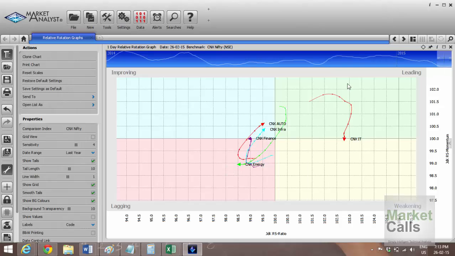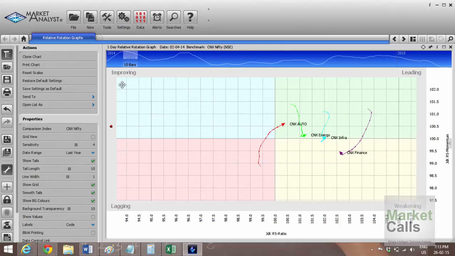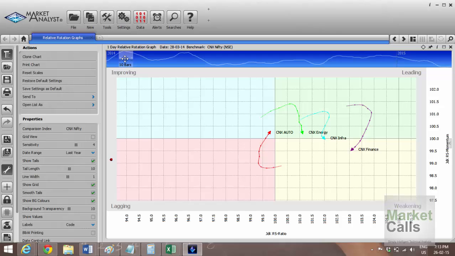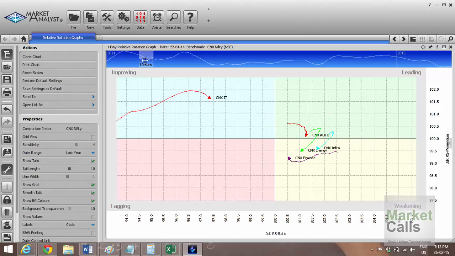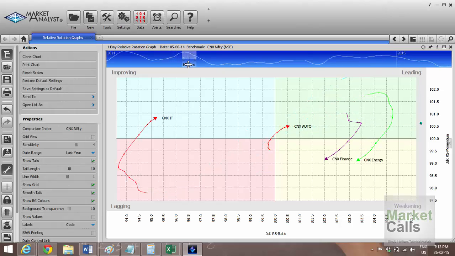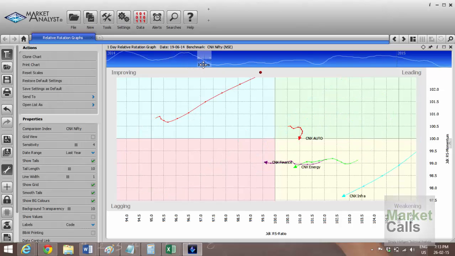Fine, we'll do one more analysis of how the sectors move. I'm moving right from the beginning, from 2014, very slowly. You can see the animation. The CNX IT pack is rotating from improving back to lagging, then once again into improving, and now getting into the leading pack.